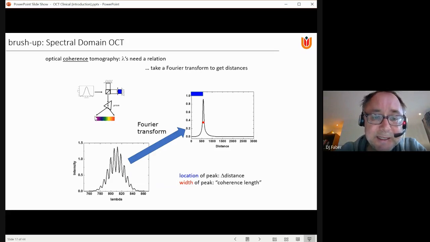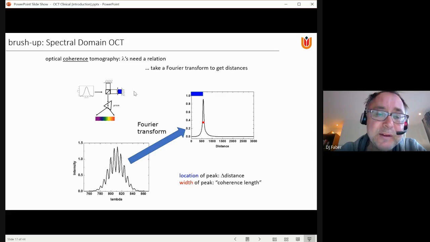Again, on the left-hand side you have the interference of the interferometer with the spectrometer that measures this spectrum, which has a modulation on it. If you take a Fourier transform, then this modulation will result in a shift on the distance axis, and the blue shift here will be proportional to the blue shift over here: the path length difference between both arms, and the modulation frequency on top of the spectrum.